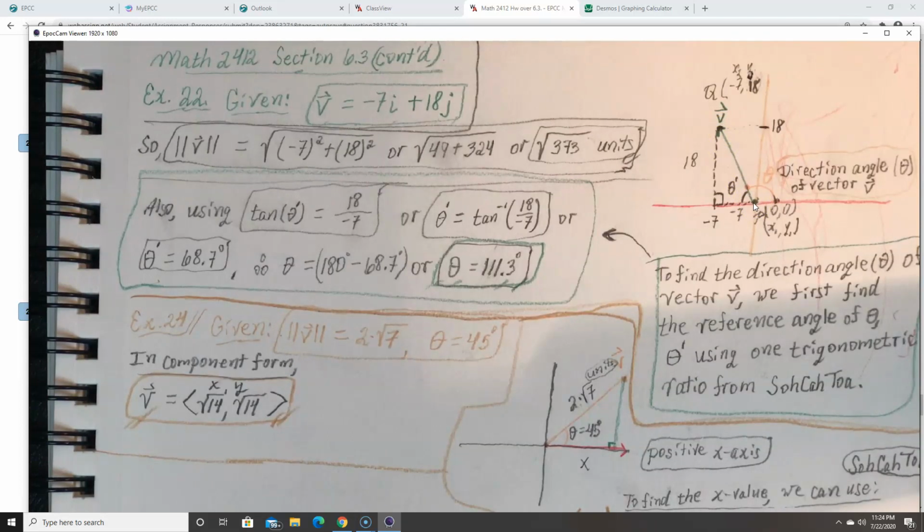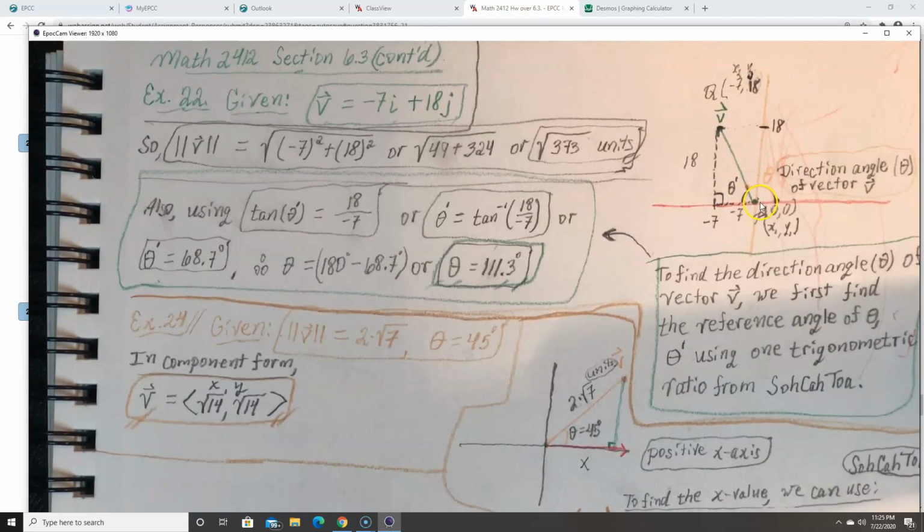Draw a right triangle using the horizontal component, or the horizontal movement, or the number of i units, which is -7 of those horizontal unit vector i's, and 18 units vertically, or 18 of those unit j vectors.